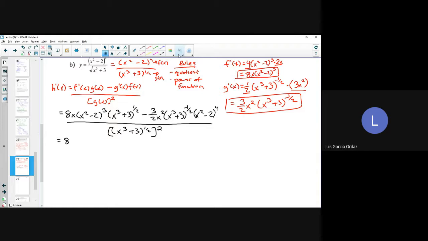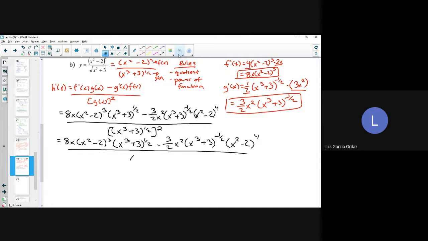So I have 8x times x squared minus 2 to the power of 3 times x to the 3 plus 3 to the 1/2 minus 3 over 2x squared times x to the 3 plus 3 to the power of negative 1/2 times x squared minus 2 all to the power of 4 divided by x cubed plus 3, because power to a power, you multiply the exponents, we get 1/2 times 2, which cancels out to just give me 1.